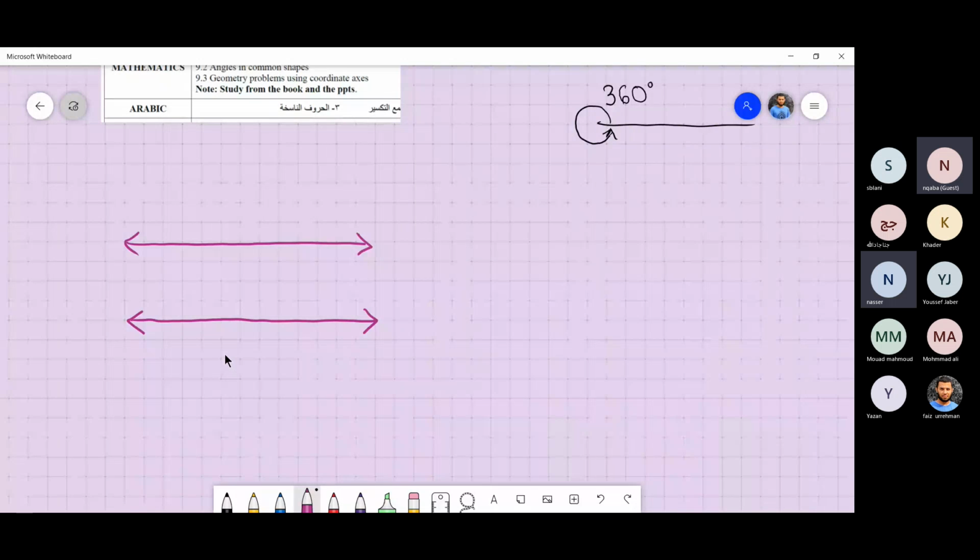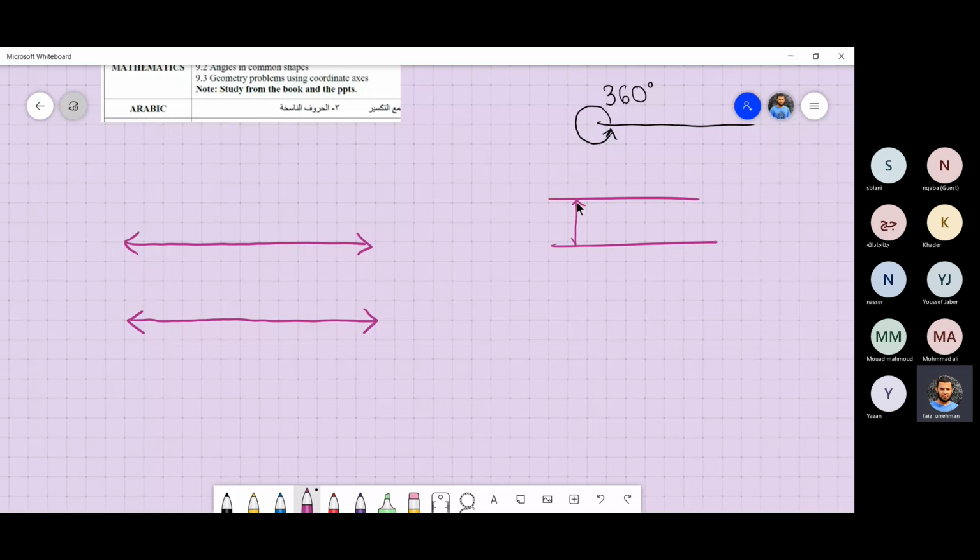Two straight lines that will not meet together, and they are always at an equal distance from each other. Their distance does not increase or decrease. They will never touch or meet each other.